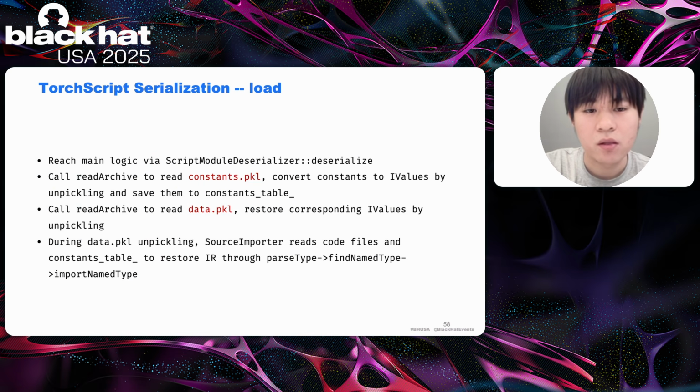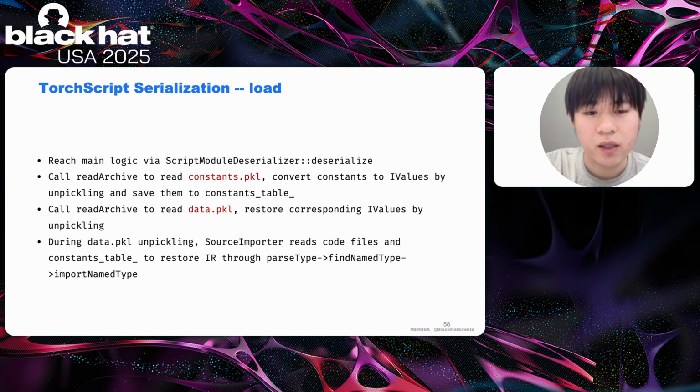To summarize the load process: first, reach the main logic via deserialize. Second, call read archive to read constants pickle. Convert constants to IValues by unpickling and save them to the constants table. Third, call read archive to read data pickle, and restore corresponding values by unpickling.